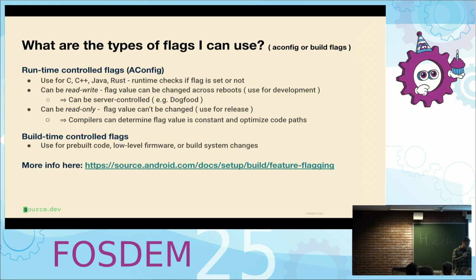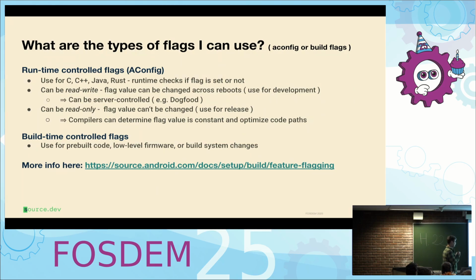So there are two types of flags that you could use in Android. There are runtime control flags, something that's called aconfig. These are basically used in C, C++, Rust, and Java. You basically declare a flag in a .aconfig file, and then you could check that at runtime if the flag is set or not.